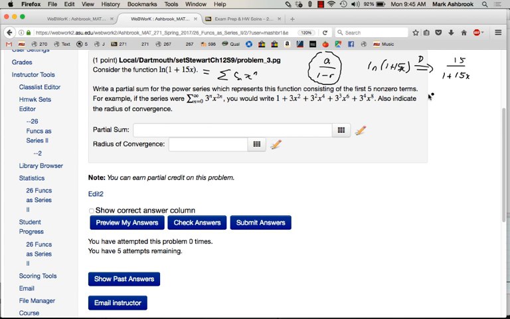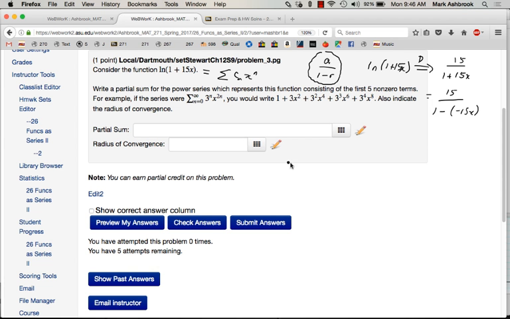And so then I could rewrite that as 15 over 1 minus negative 15x. And now I've got a over 1 minus r. And we notice what? The antiderivative of that will be the function we want. So we can write this one as a power series and do the antiderivative of that power series, and that will be equal to that one, right?